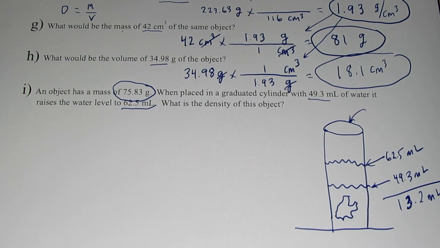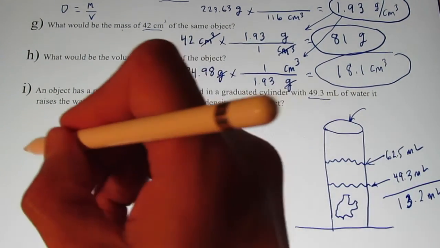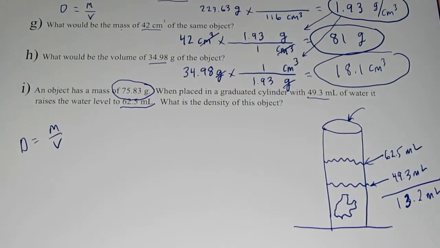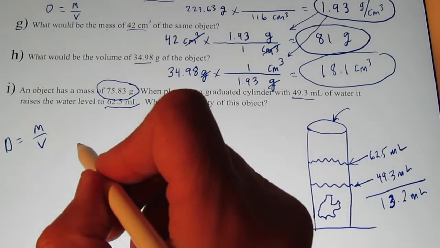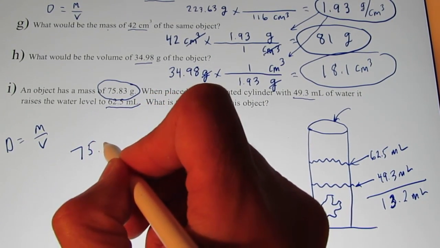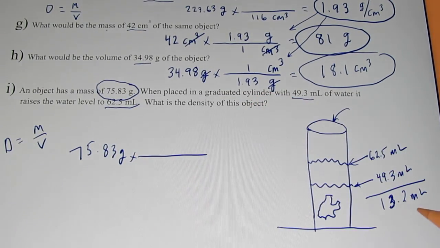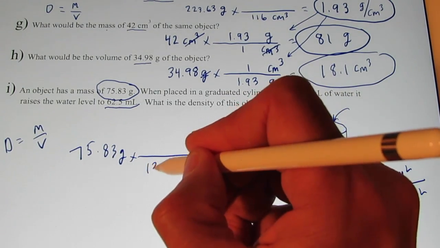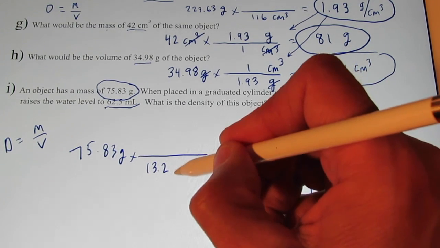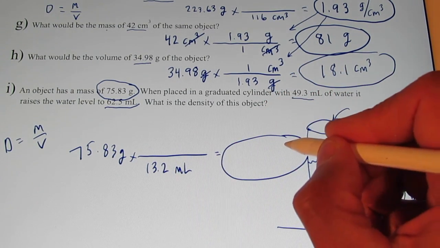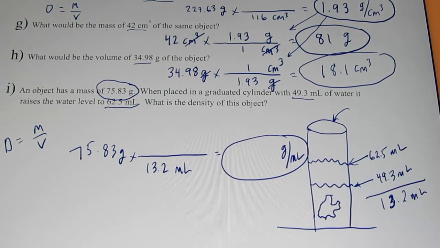Now to find the density, you'll remember, is mass divided by volume. So my mass is 75.83 grams. My volume, I just found, was 13.2 milliliters. And so we should be able to figure out our density in grams per milliliter.